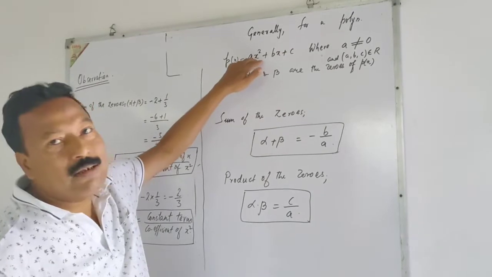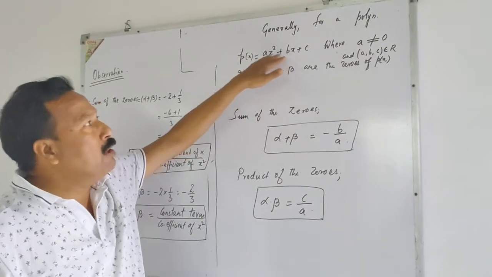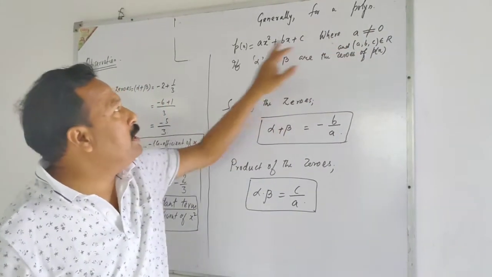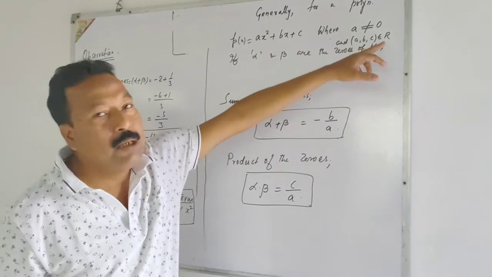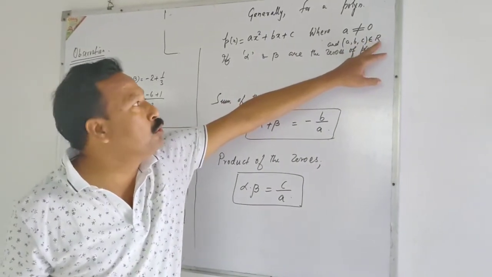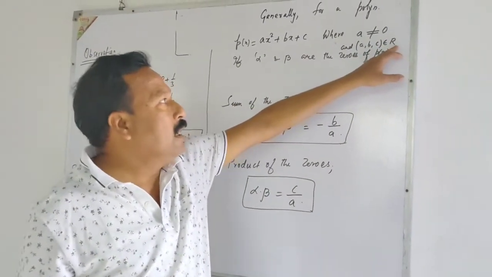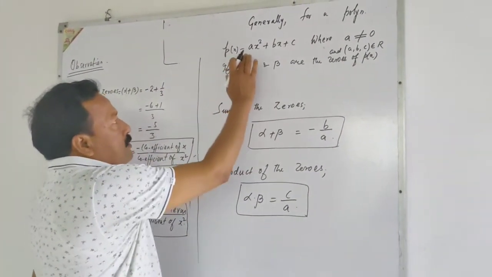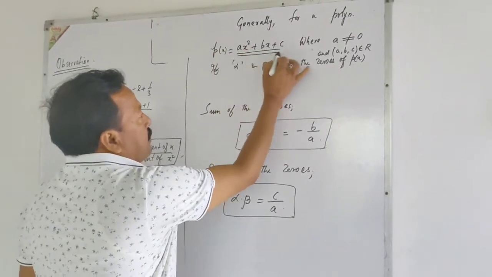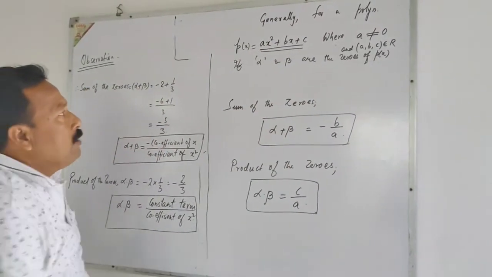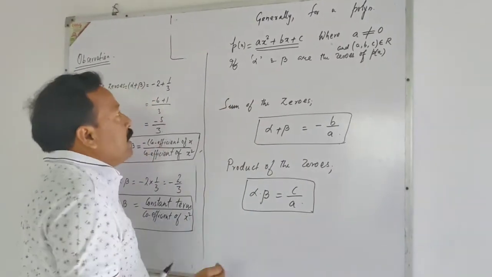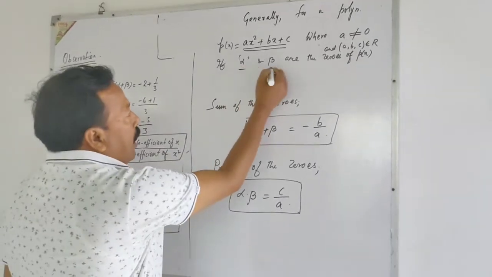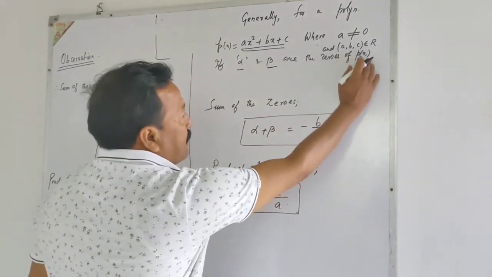Generally, for a polynomial p(x) equals ax square plus bx plus c, this is the standard form of a polynomial of degree 2, where a must not be equal to 0, and a, b, c belong to the real numbers. What will be the relationship between the coefficients, if alpha and beta are the zeros of p(x)?